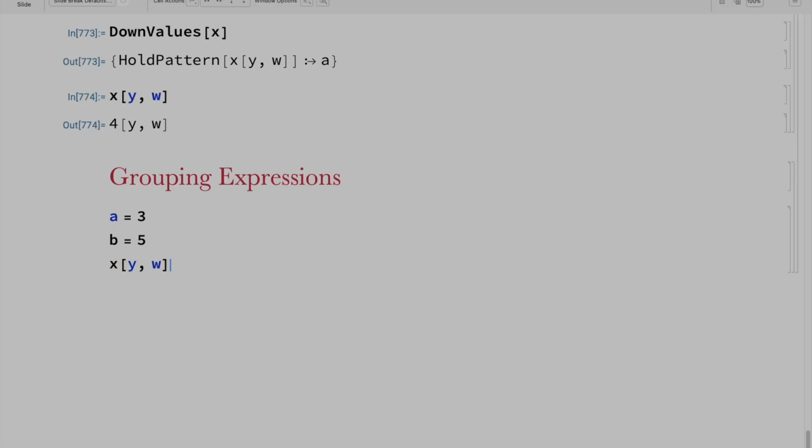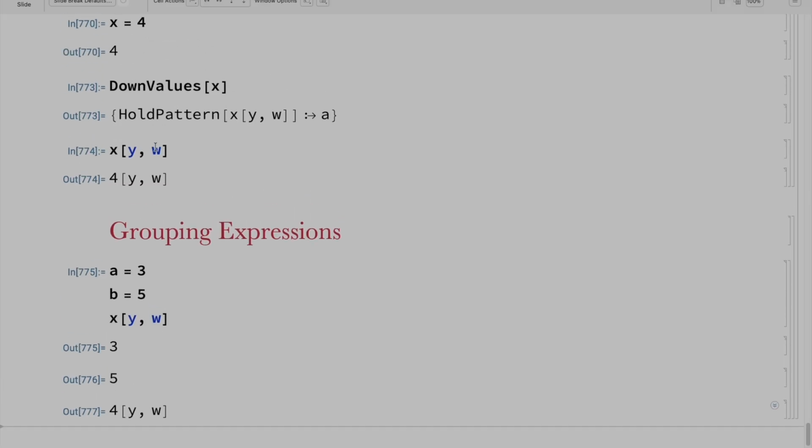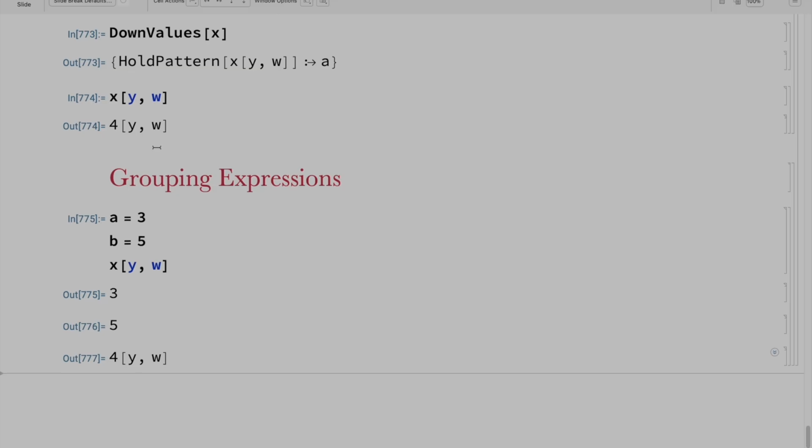If I type shift enter, I get those 3 expressions evaluated consecutively, right? So the result of this expression evaluation is 3, the result of this is 5, and the result of this is what we defined previously for YW, because we gave X an on value.